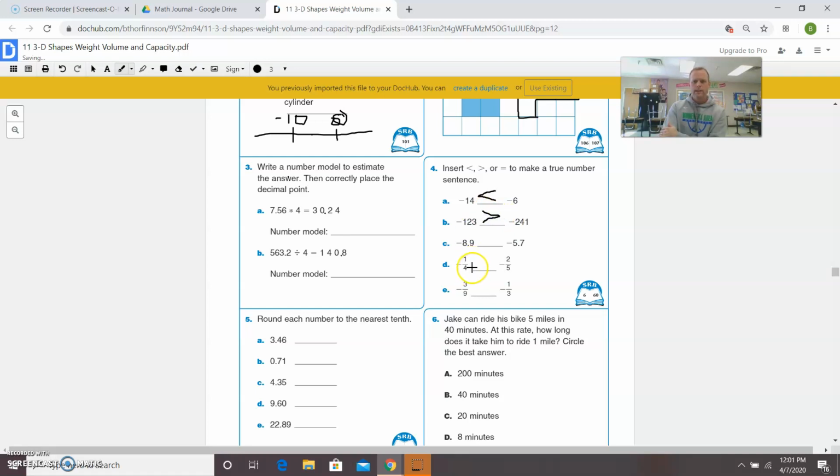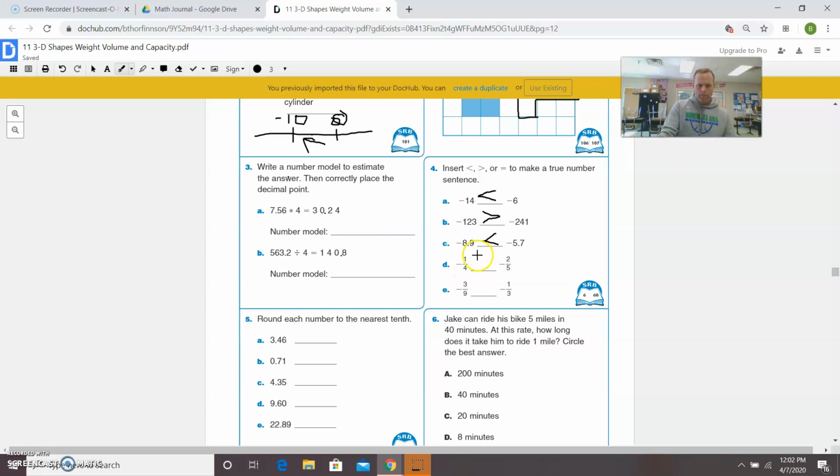So negative 123, sorry, is greater than negative 241. This is negative 8 9/10 is less than, it's farther down the line, then farther down the line than negative 5 7/10.